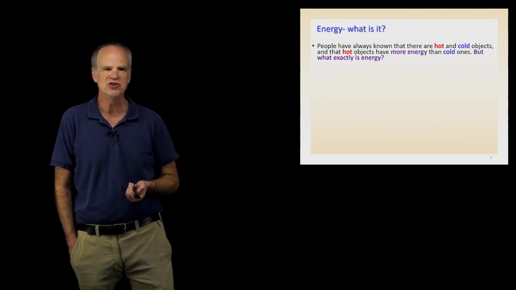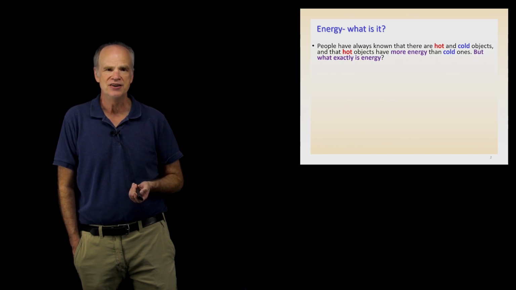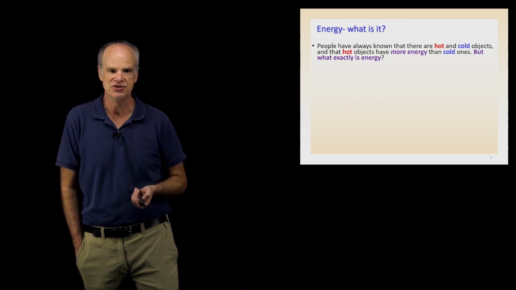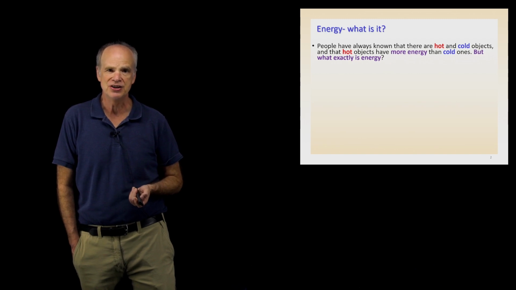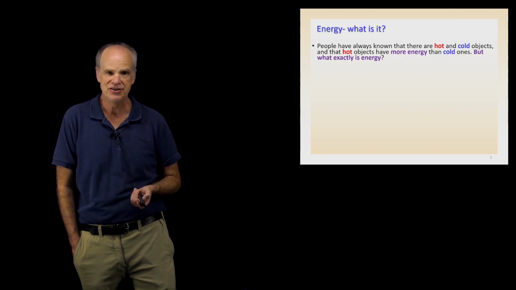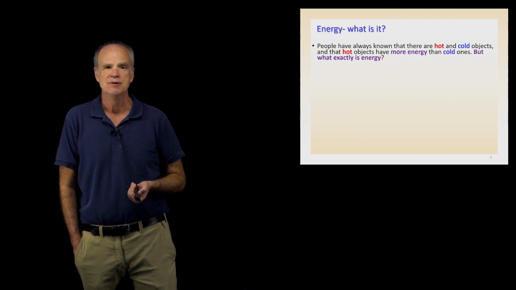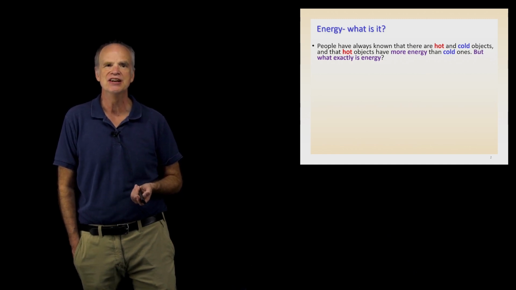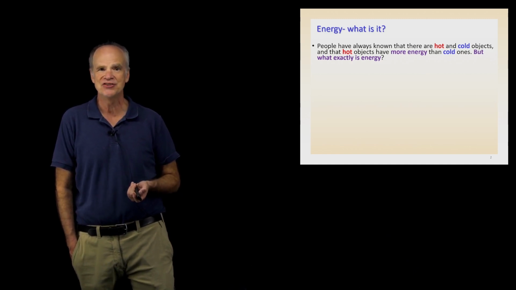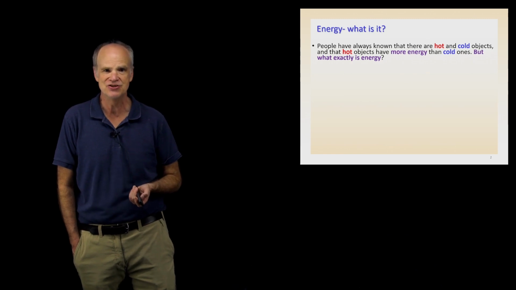And so I think when most people think about energy, they think that, for example, a hot object has a lot of energy and a cold object has very little energy. And that is actually a true statement. But before 1800, we had a misconception as to what was causing the hot object to have a lot of energy.